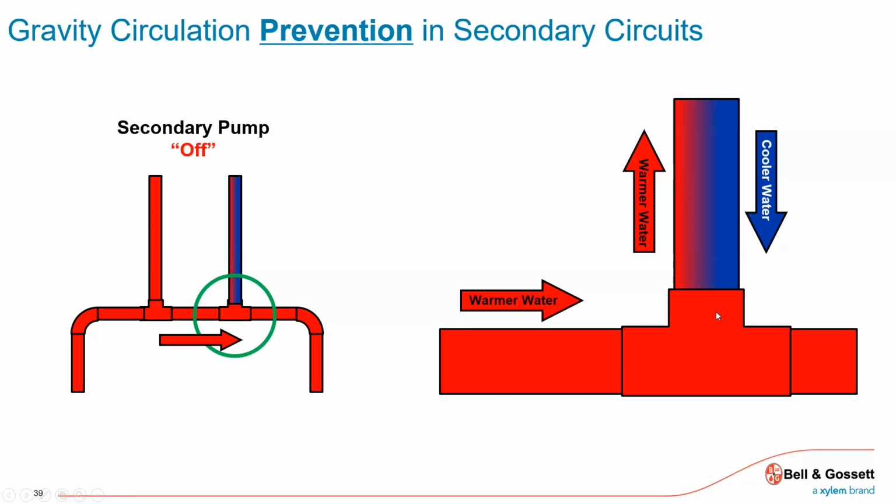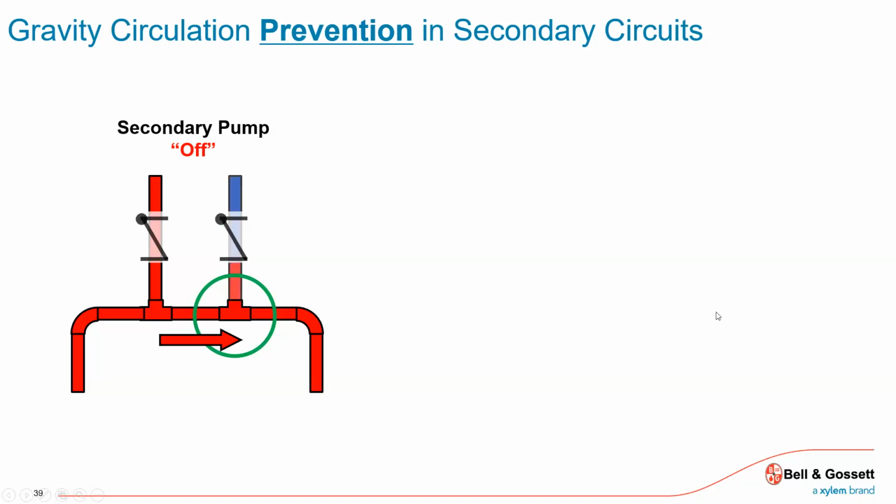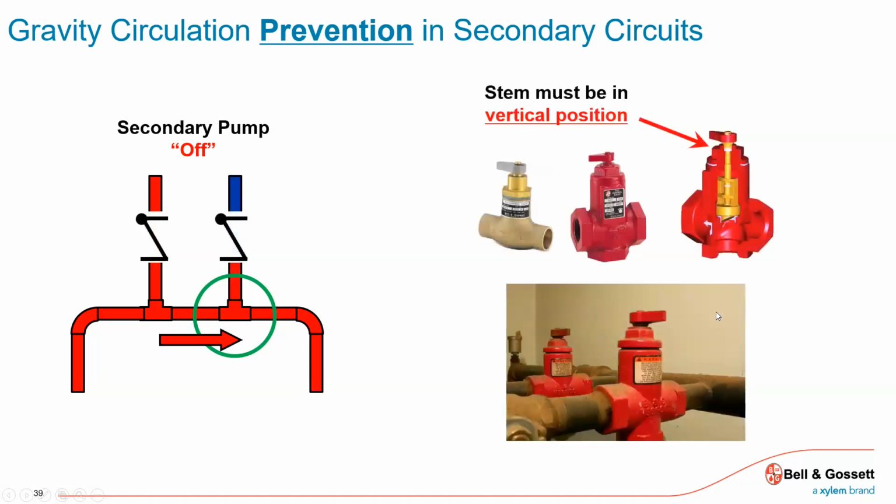Heat will migrate and an equal amount of cool will come back. And the way they address it is they'll say, hey, we really want to put flow control valves, checks, not only on the supply, which everyone's used to, and they always put them on the supply, put it on the return as well, and it will prevent that. And then the only time these checks will open is when I turn that secondary pump on.